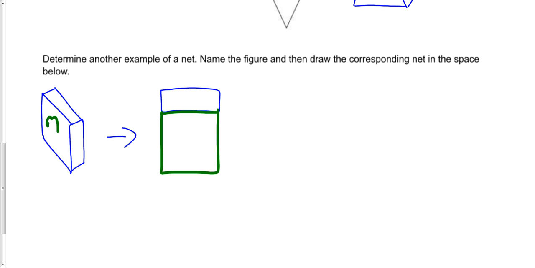It has a right side piece, so I'll draw the right side piece. If it has a right side piece, it also has to have a corresponding left side piece as well. If it has a top piece, then it also has to have a bottom piece.